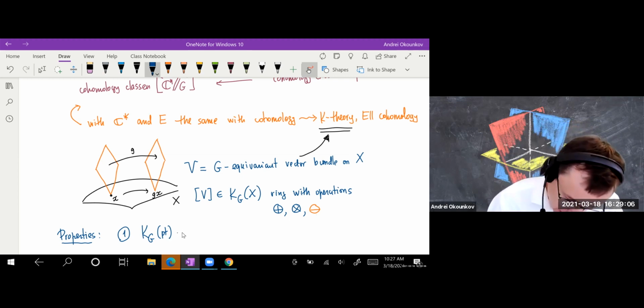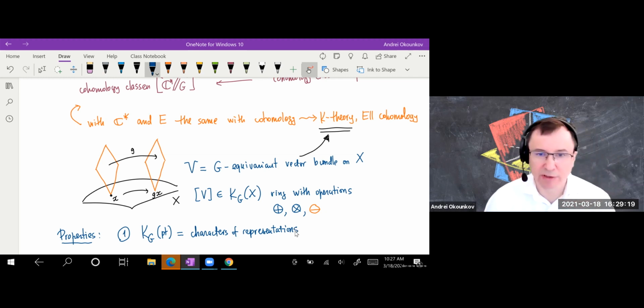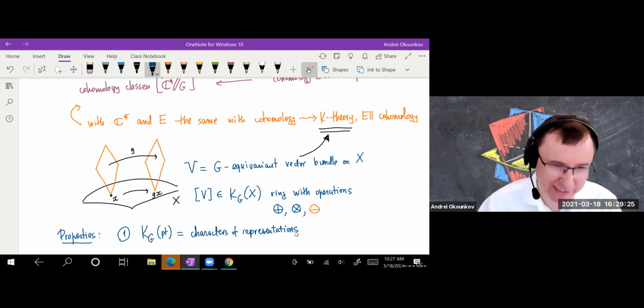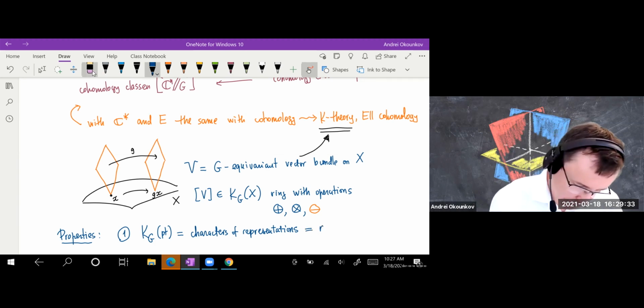So this is the same as characters of representations. Because if you have characters of representations, they add under direct sum, multiply under tensor product, and subtract under direct difference, and so this is called the representation ring of G. This is the definition.